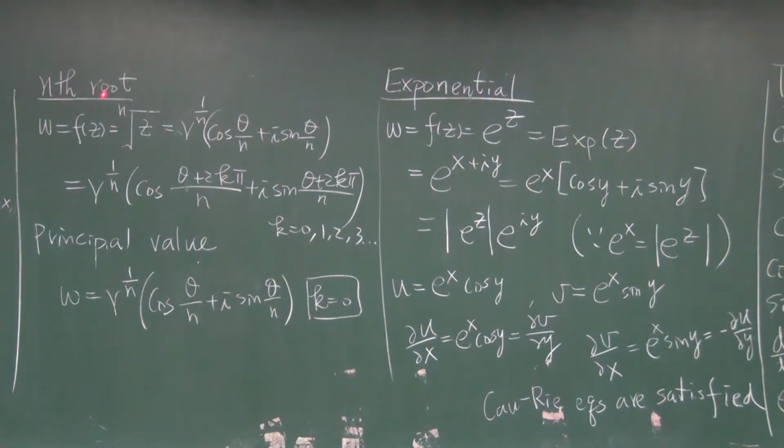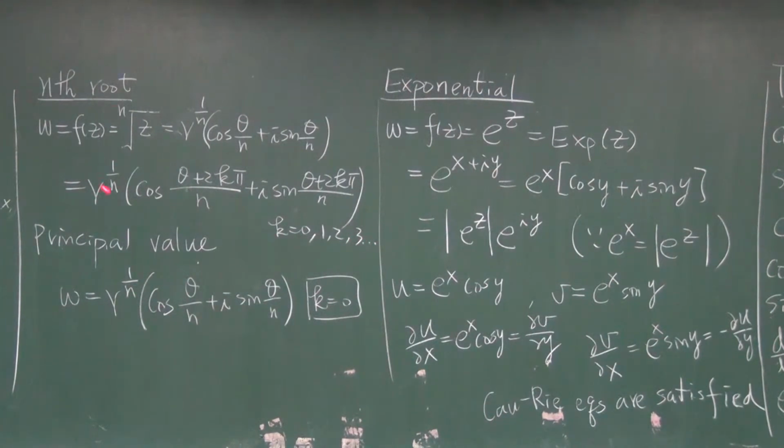One more function is the nth root. Here, W equals f(z) equals the nth root of z. According to the polar form of z, we can write our function in this way. Because cosine and sine are periodic functions with period 2k pi, we can add a 2k pi term here, divided by n, with k from 0, 1, 2, 3.